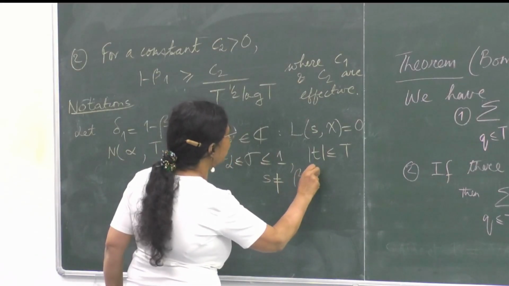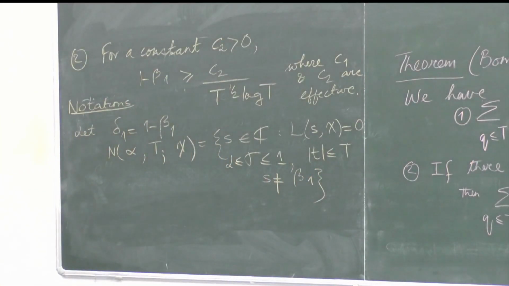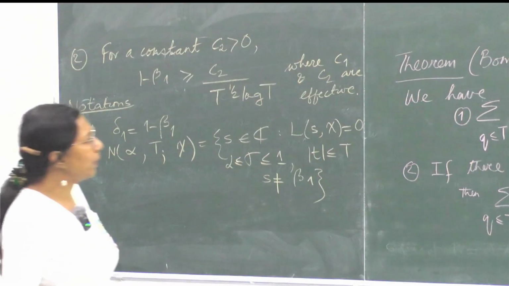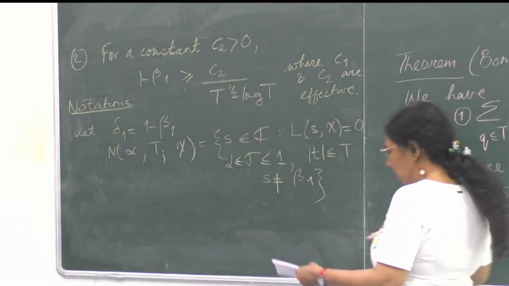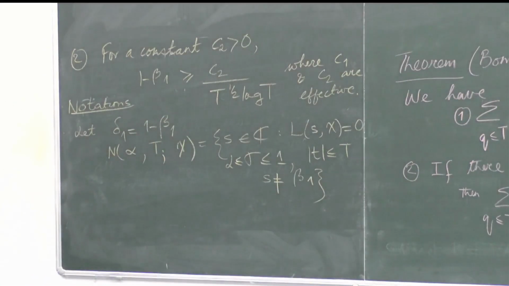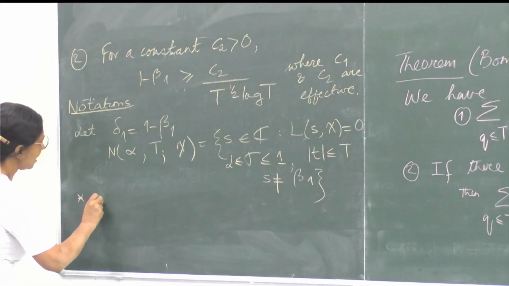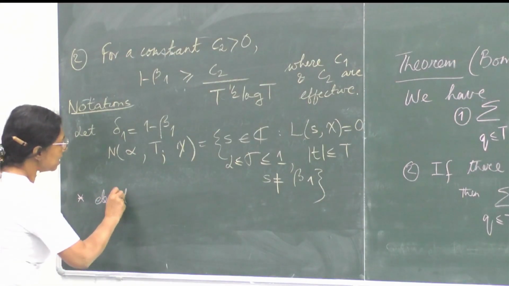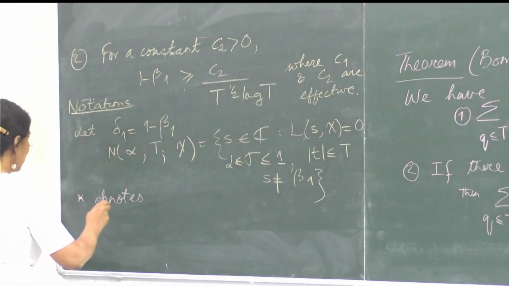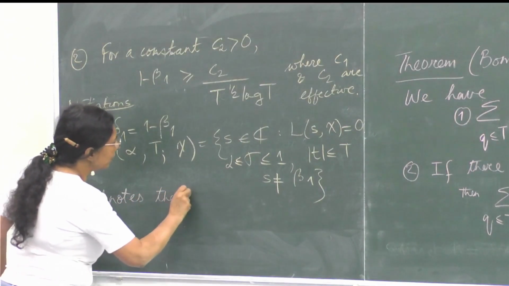These are non-exceptional zeros. Yeah. So anything else that has not been explained? Yeah, the star. The star means the sum over primitive characters.